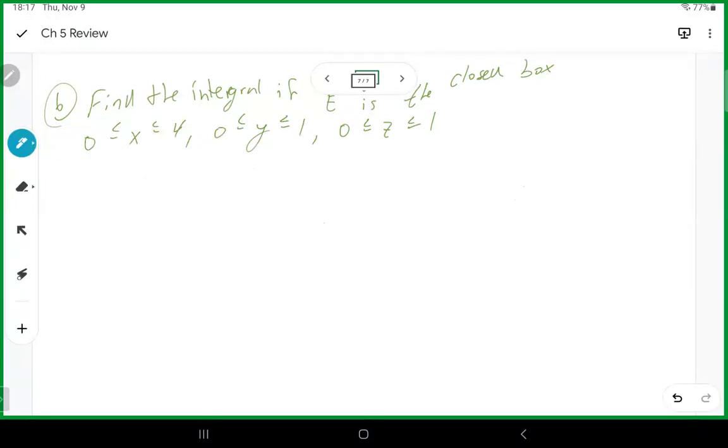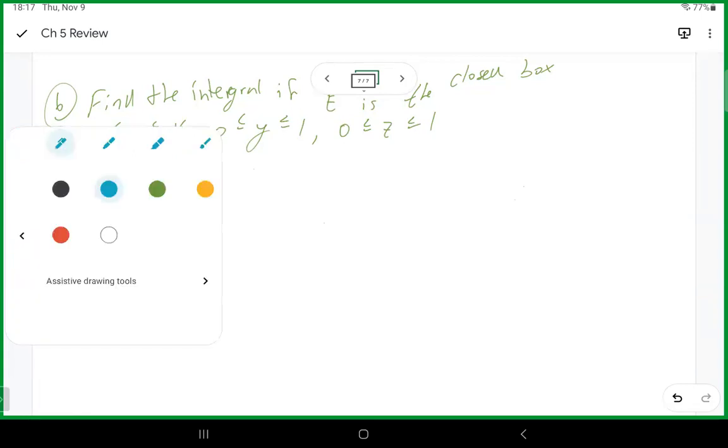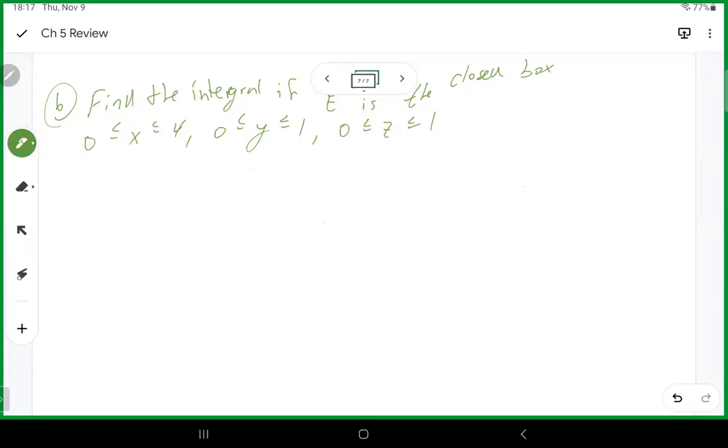So we're going to use Fubini's theorem for triple integrals, and the problem they would like us to solve is x squared plus y squared plus z squared dV.